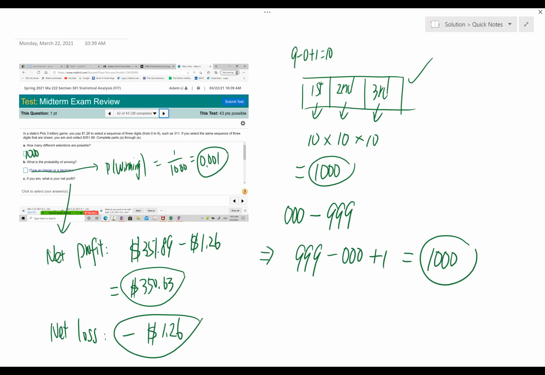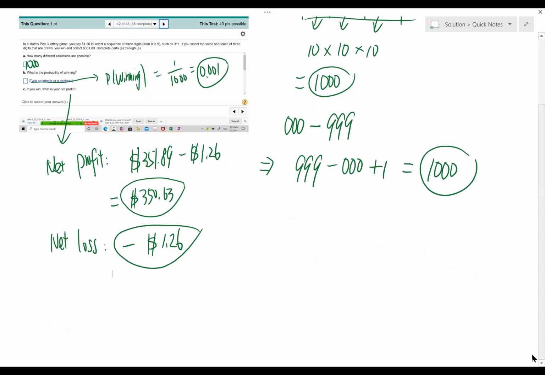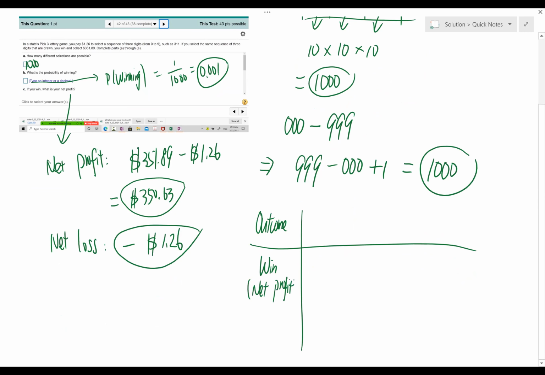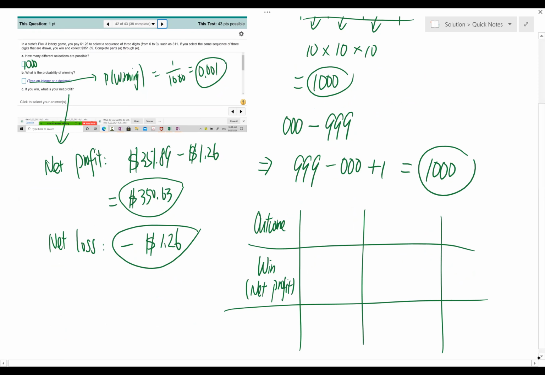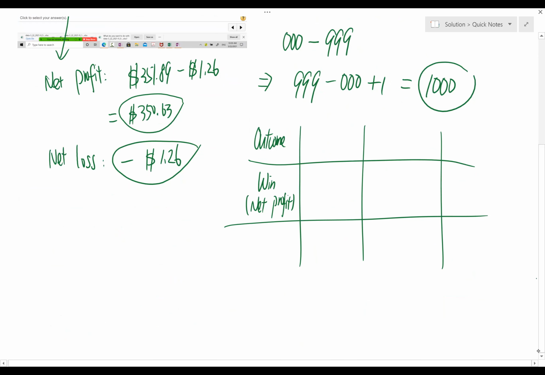Okay. And from there, once we have all this clear, then we can construct a table. So the outcomes here: either you win, and if you win, you get a net gain, net profit. If you lose, then you have a net loss. So only two outcomes here.